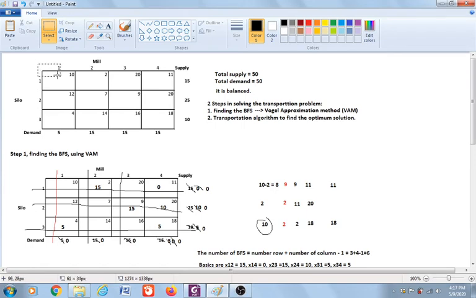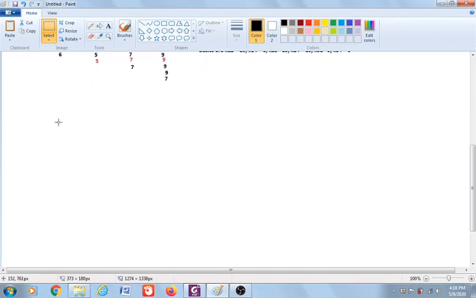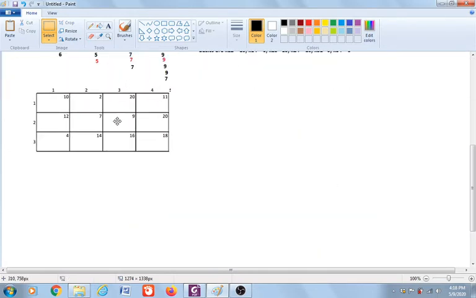So I need this table again. Okay, I'm going to copy it down. So this is the table that we need.